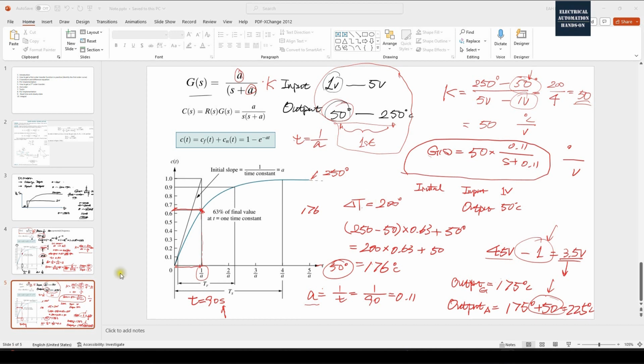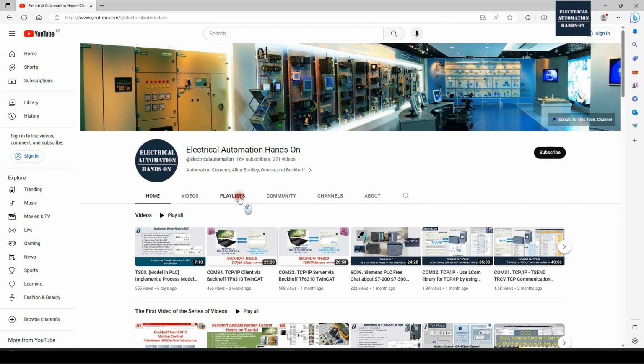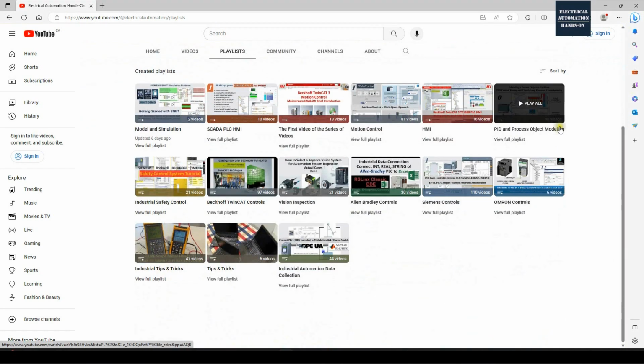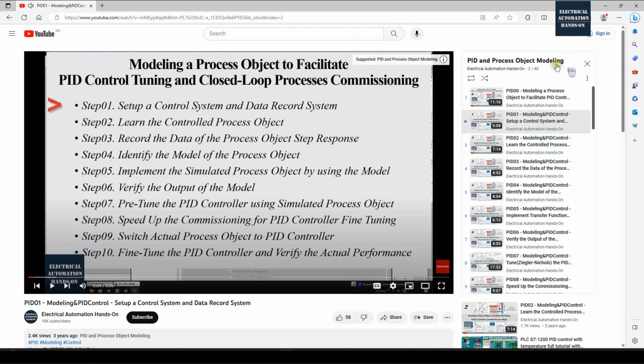And then to record this curve, I know in this video I didn't involve any operation. You can review one of my videos I recorded before. So if you go to my website, and then go to the playlist, and then go to the PID and the process object modeling playlist, and find the PID02 modeling and the PID control.